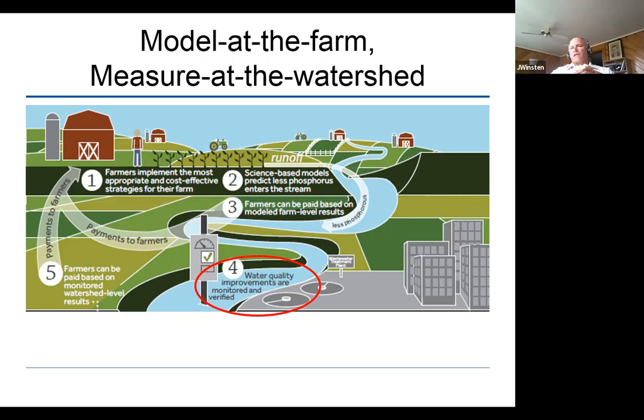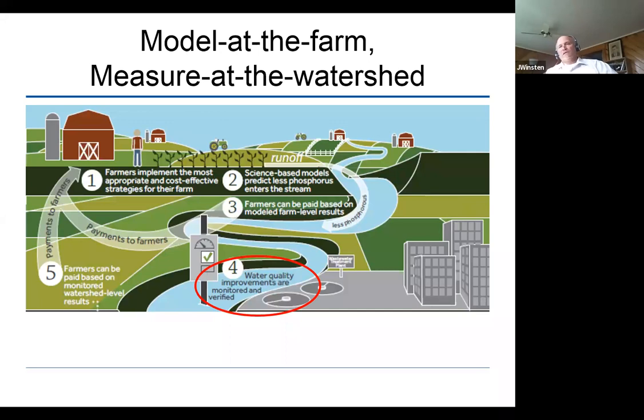One is that you have a focal point in the stream, and you can see if your actions are making a difference, and folks want to see that. You can get farmers who are participating perhaps to be interested to talk to their neighbors to say, hey, you should think about participating.